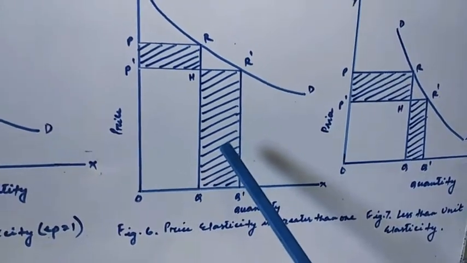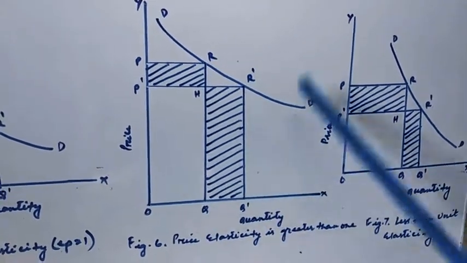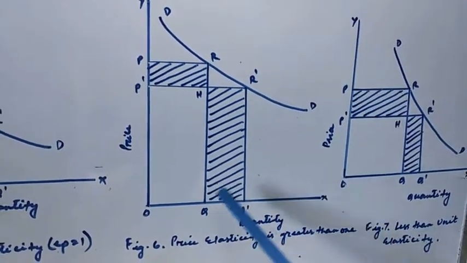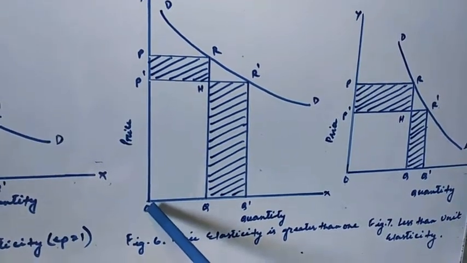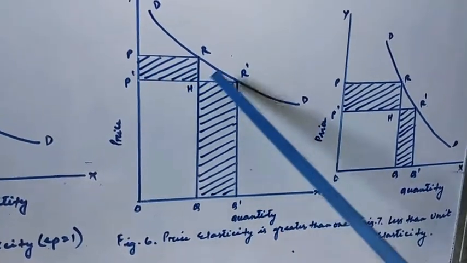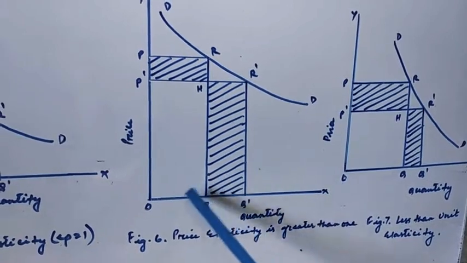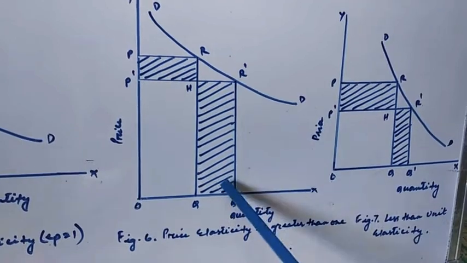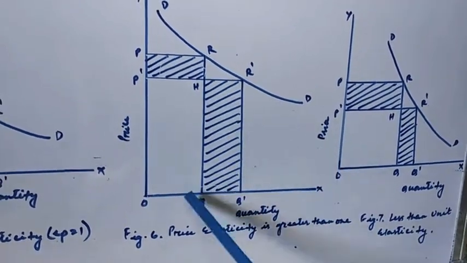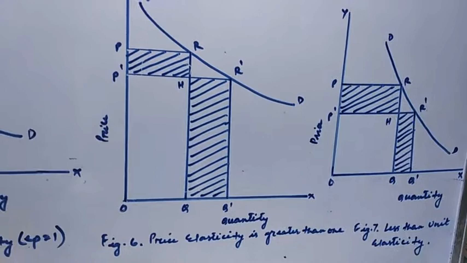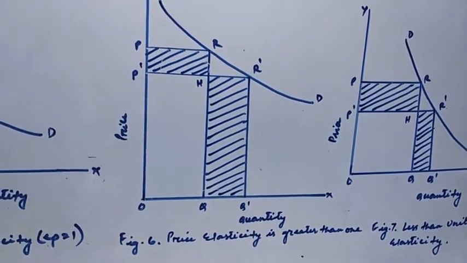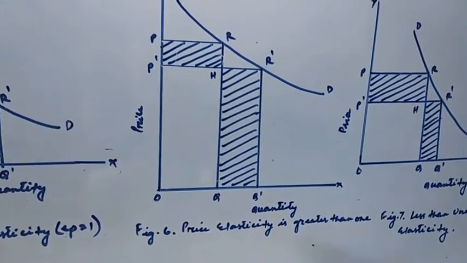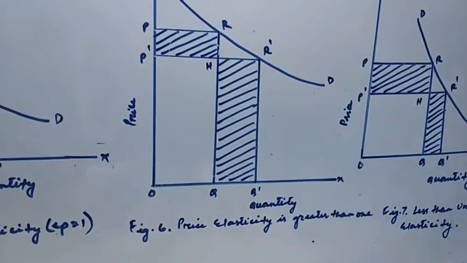So the quantity demanded when price falls is greater than the quantity demanded before the fall in price, which means this total expenditure OP dash R dash Q dash is bigger than OPRQ. So this total box is bigger than this box. So that is the case where price elasticity is greater than 1.